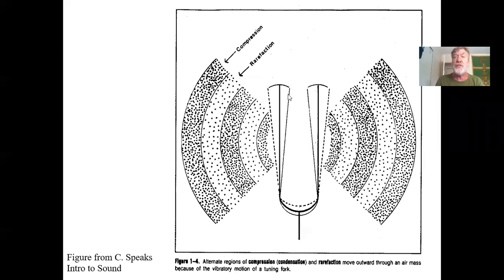You're making squeezing and separating, squeezing and separating. And look what we call those. Those are called compression or condensation for the squeezing and rarefaction for the spreading. And one squeeze and one spread is one sound wave. Let's look at it.